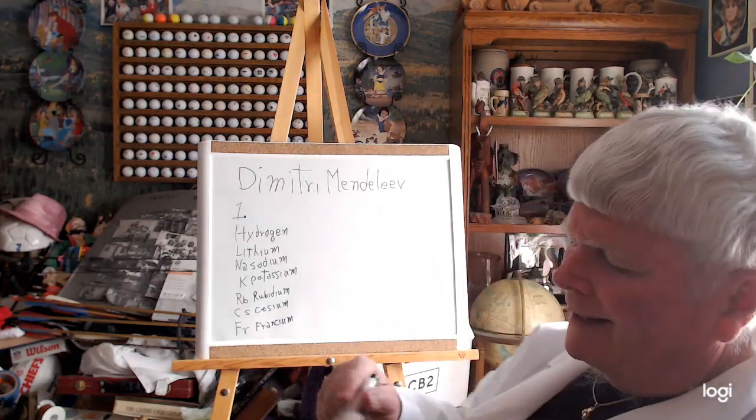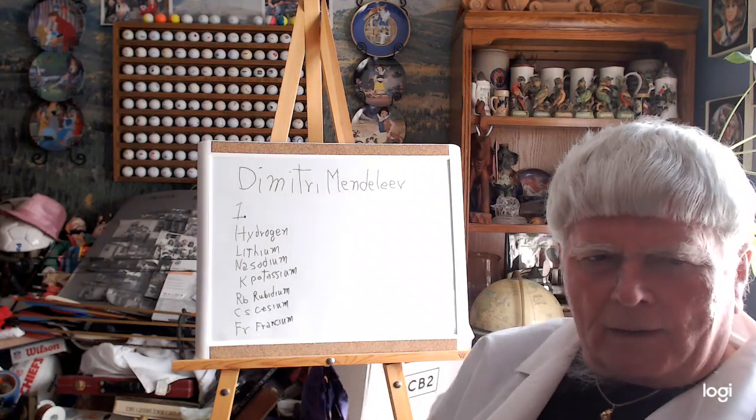Now, all of these elements have one thing in common. They have only one electron in the outermost shell.